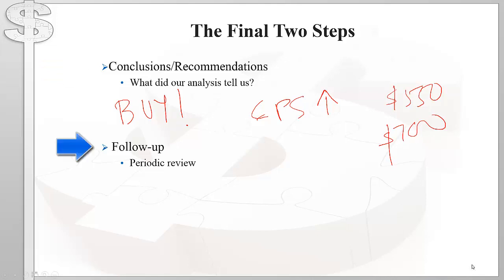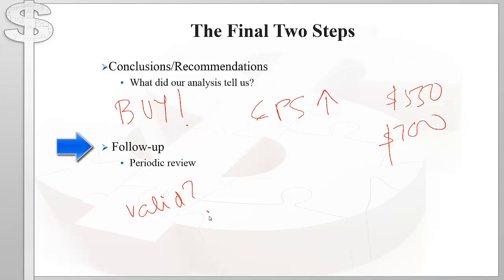The final step is to follow up on our analysis. Things change, and sometimes they change very quickly. We would want to go back to our analysis and see whether it is still valid. In the case of Apple, has competition increased by companies like Samsung, for example?